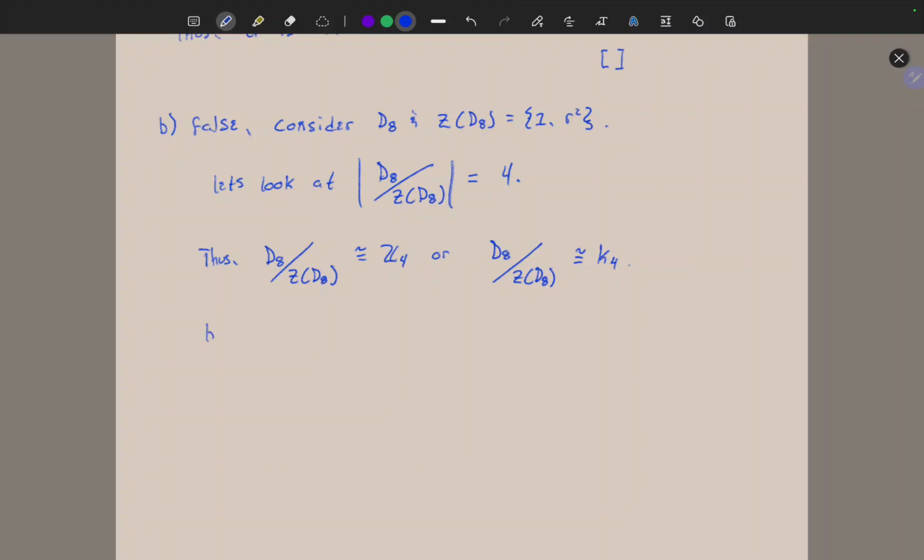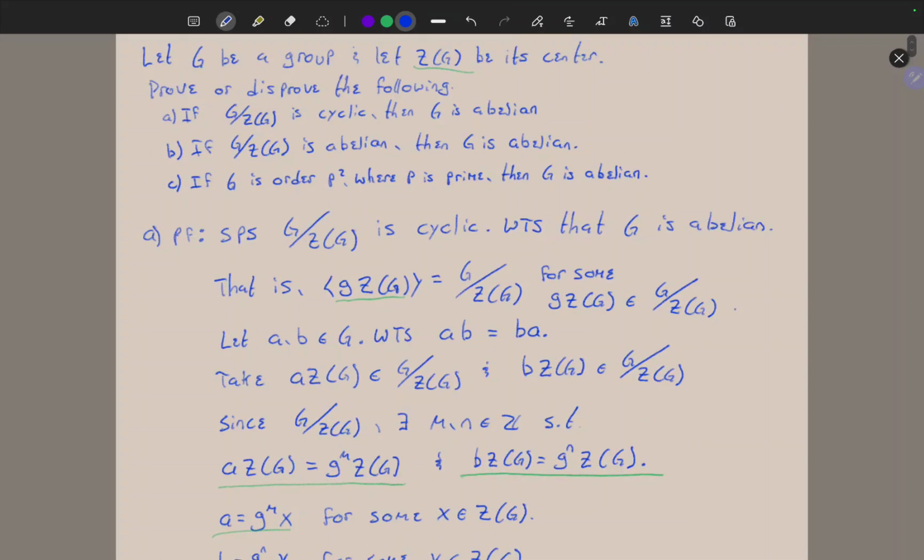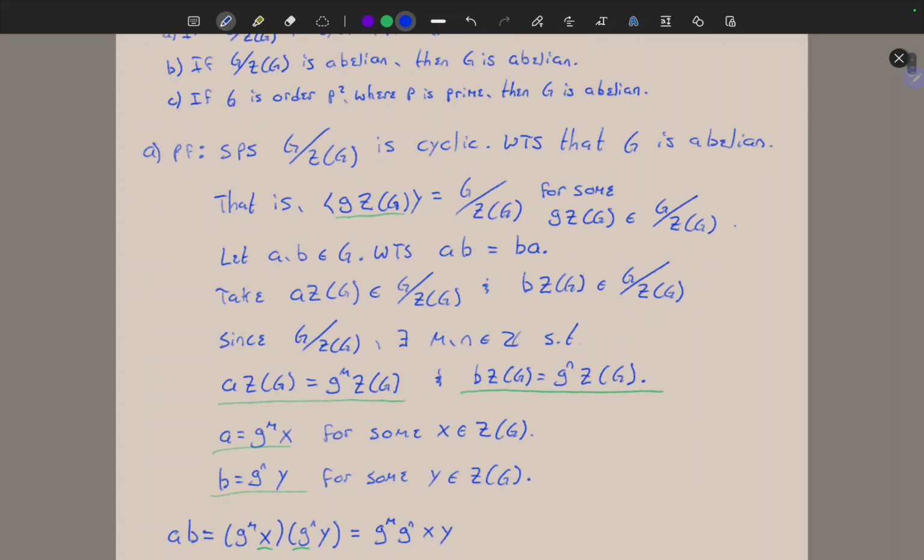Both of which happen to be abelian. So here we have a quotient group, a group modded out by its center, that is abelian. So we've satisfied the hypothesis part of this statement.